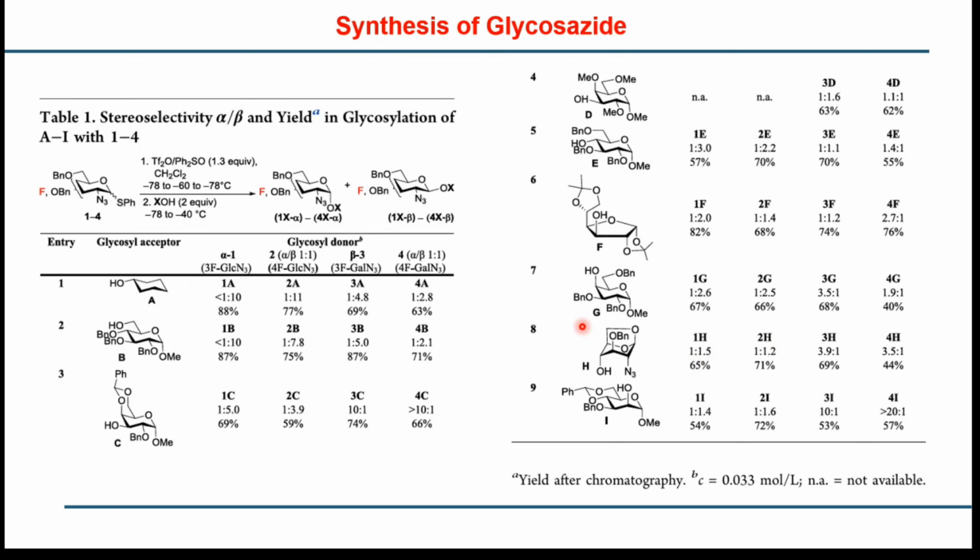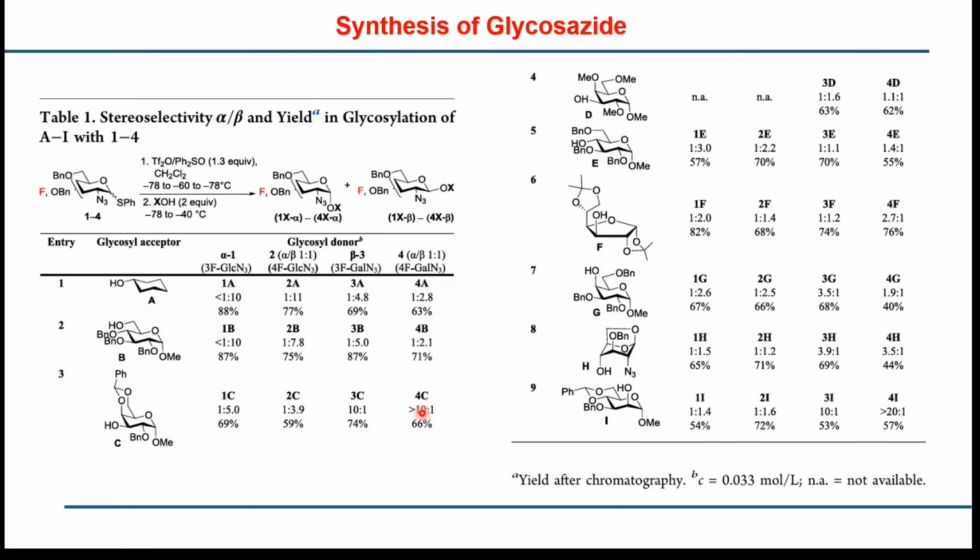But if you see the galactose case, the nucleophilicity of the acceptor matters a lot for the outcome of the glycoside linkage. So in case of 1 and 2, the reactive acceptors, the beta is more.